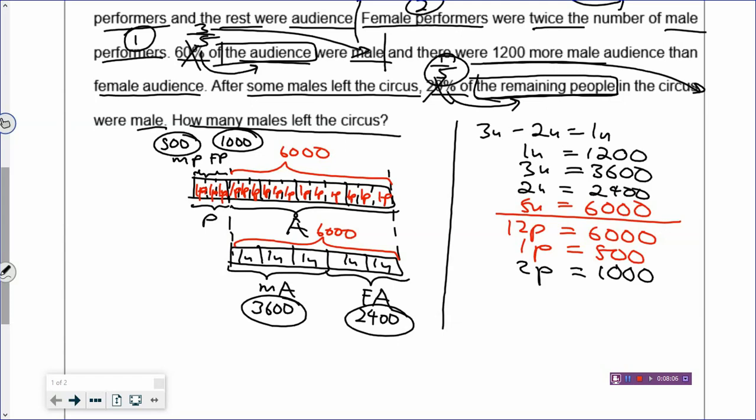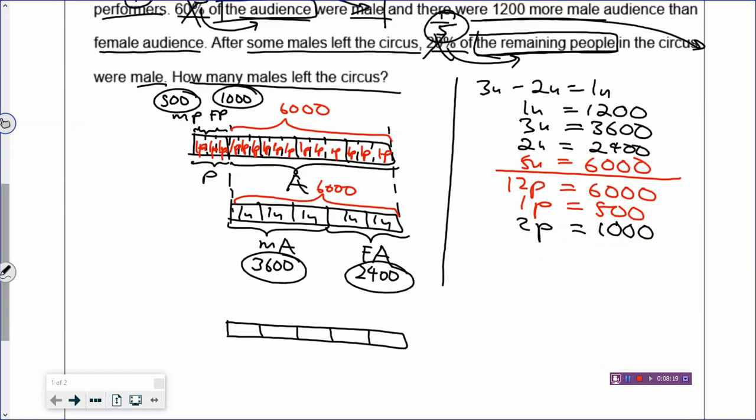It's okay to draw a few models just to show out the problem. So the remaining people will be how many boxes? 5 boxes. Am I correct? And 1 box were males. After some males left, you only have 1/5 of the remaining people who are males. And of course, the rest will be females who are unchanged.